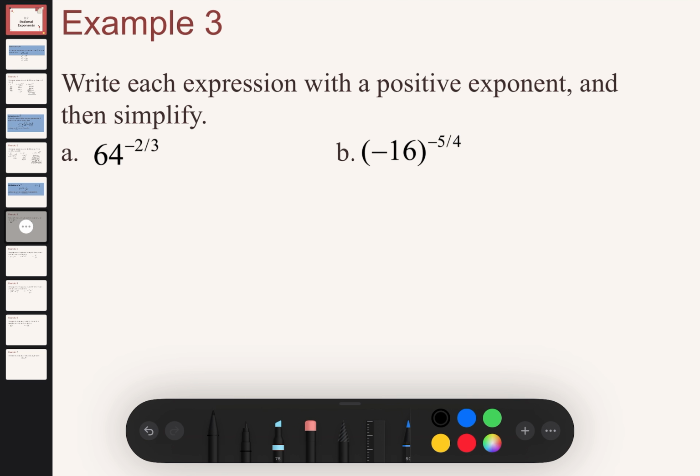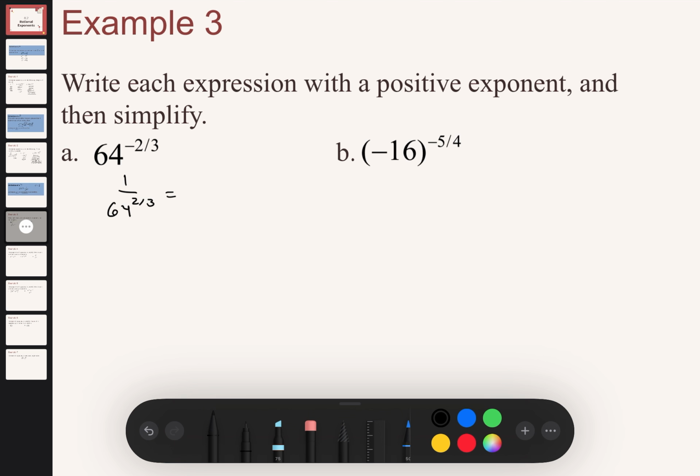So I first want to drop this whole term to my denominator. And then which way do you think would be the best to rewrite this thing? Should I do the cube root of 64 squared or 64 squared and then take the cube root? I think it might be a little bit easier to do the cube root of 64.